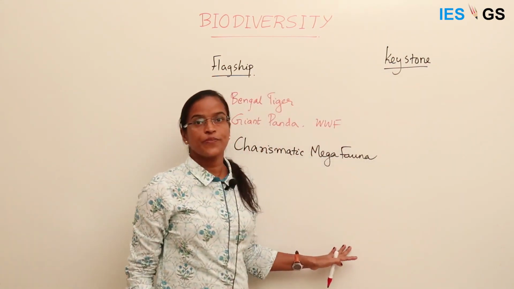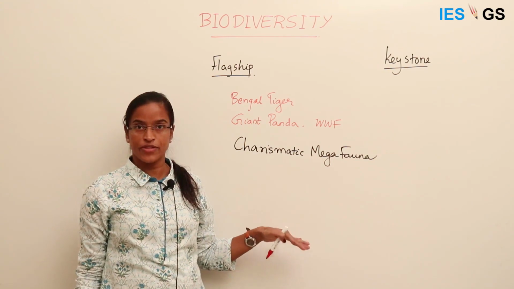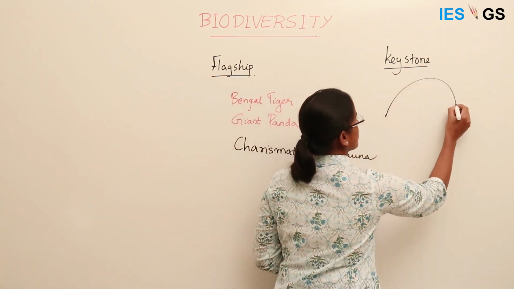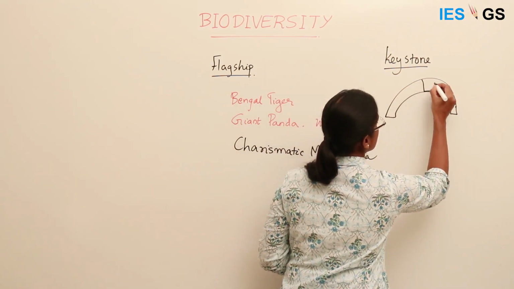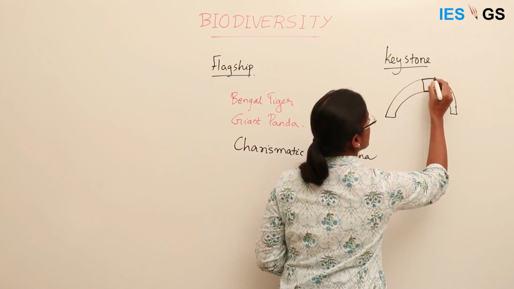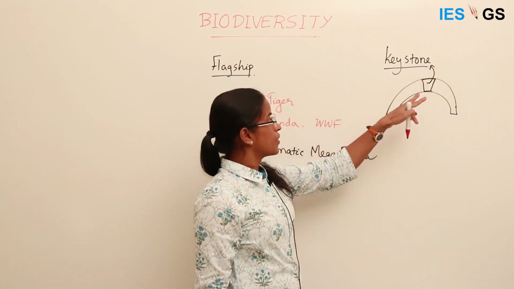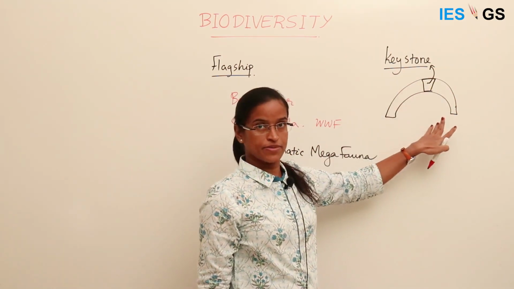What is a keystone? This term civil engineers and architects will be familiar with. When we are constructing an arch, there will be a stone in the topmost portion. This stone is called the keystone. If this stone is absent, the whole arch will collapse.